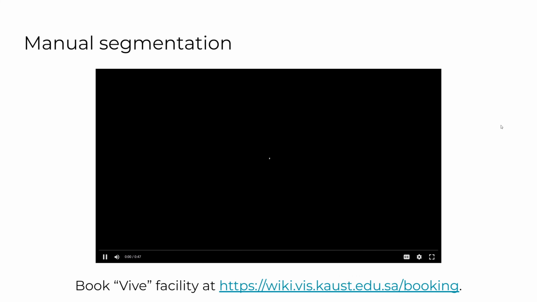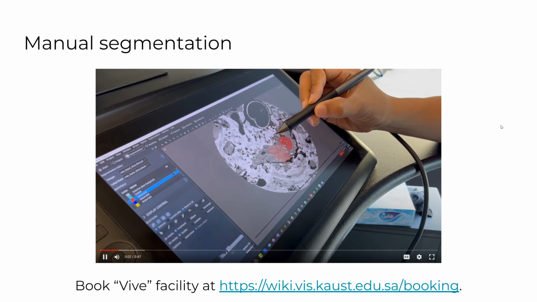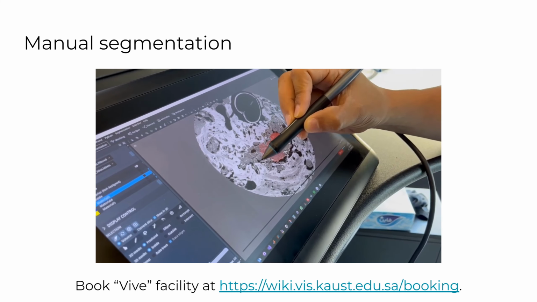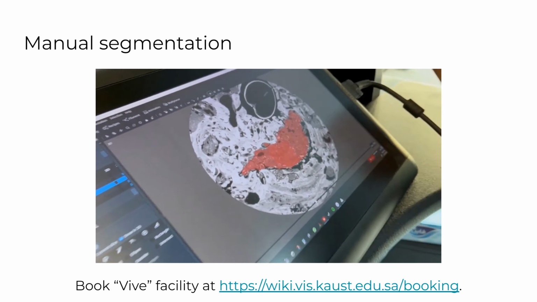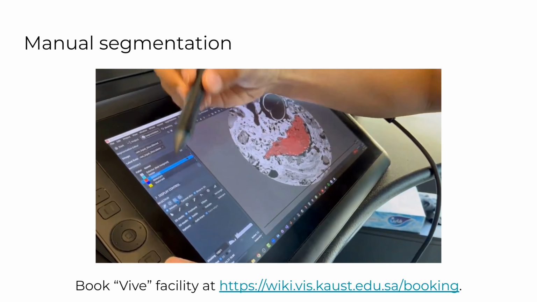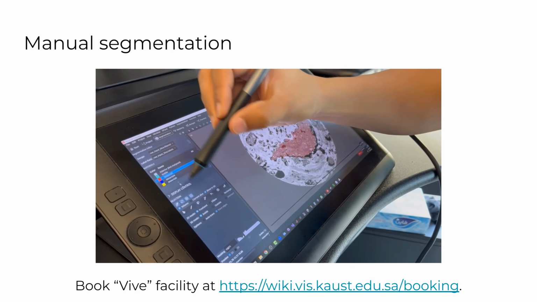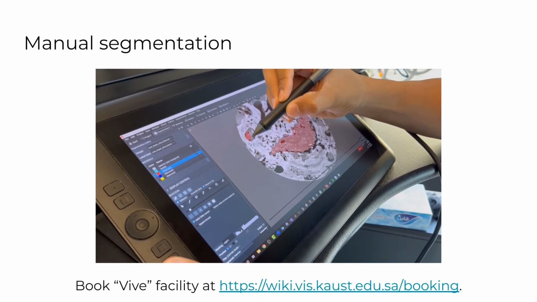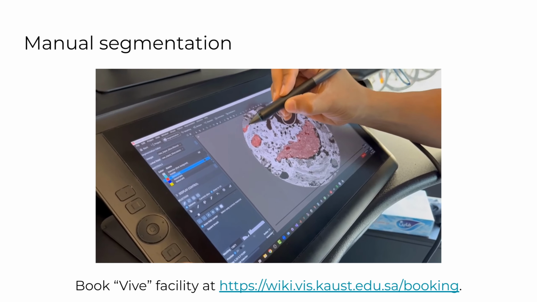And finally, as I said, you can do manual segmentation. And this is a video showing the tablet and the pen and tablet interface that we have. So it allows you to like more quickly do your manual segmentation, right? So you can do the brushing. There's a lasso tool that you just like specify the outline and it will shade everything inside.